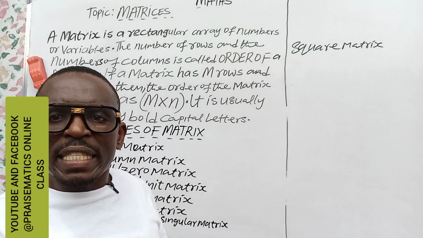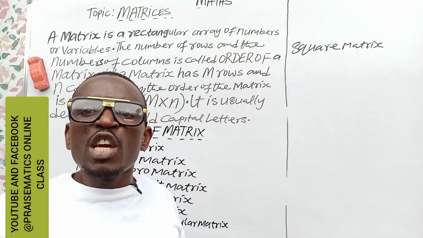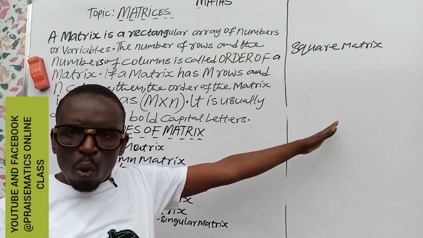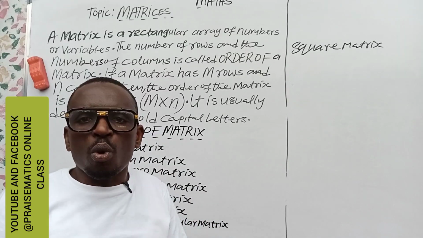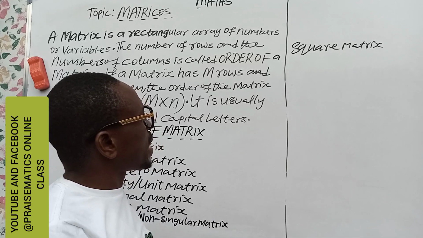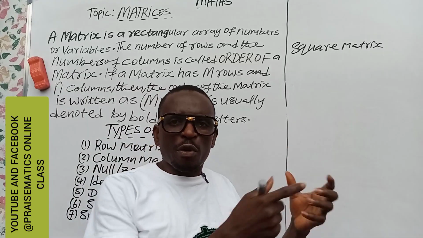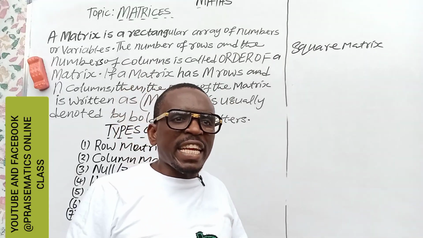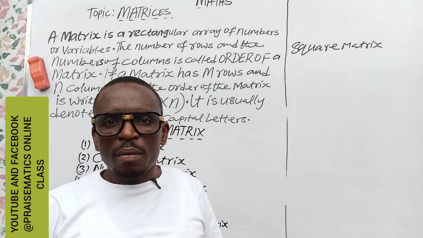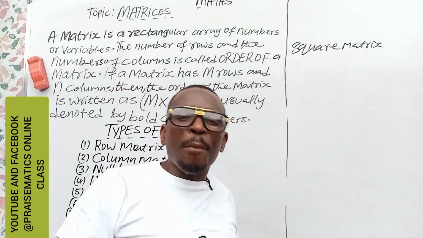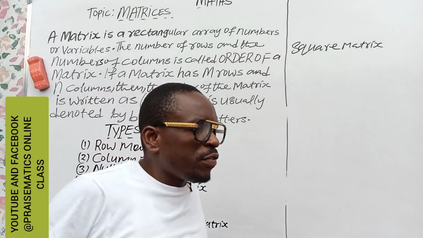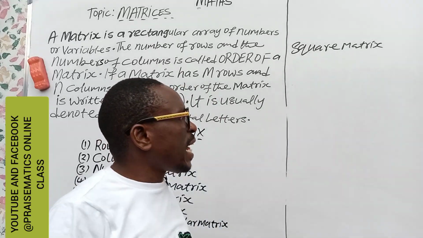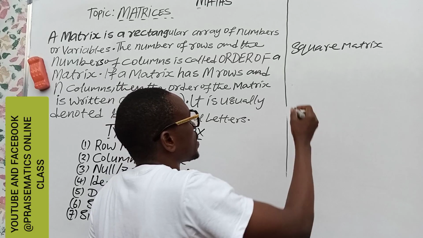A square matrix is a type of matrix in which the number of the rows are equal to the number of the columns. In other words, i is equal to j. In other words, m is equal to n. So the number of the rows are equal to the number of the columns. And that is what we call a square matrix.